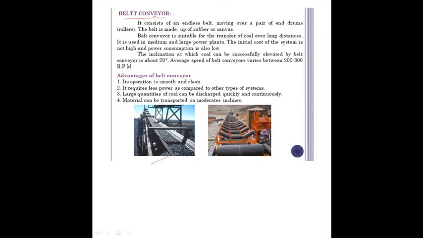Basically, it consists of an endless belt moving over a pair of end drums or rollers, and the belt is made of rubber. It is suitable for the transfer of coal over a long distance, and it is used for medium and large power plants. The initial cost is not that high and the power consumption is also low.